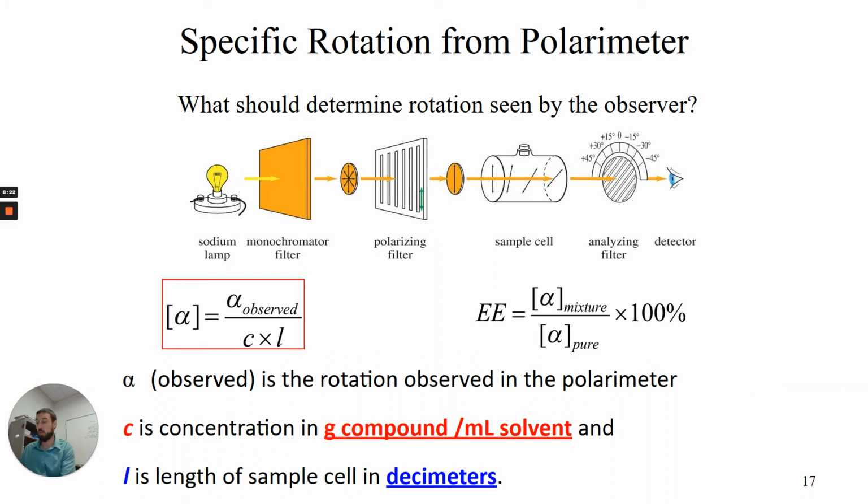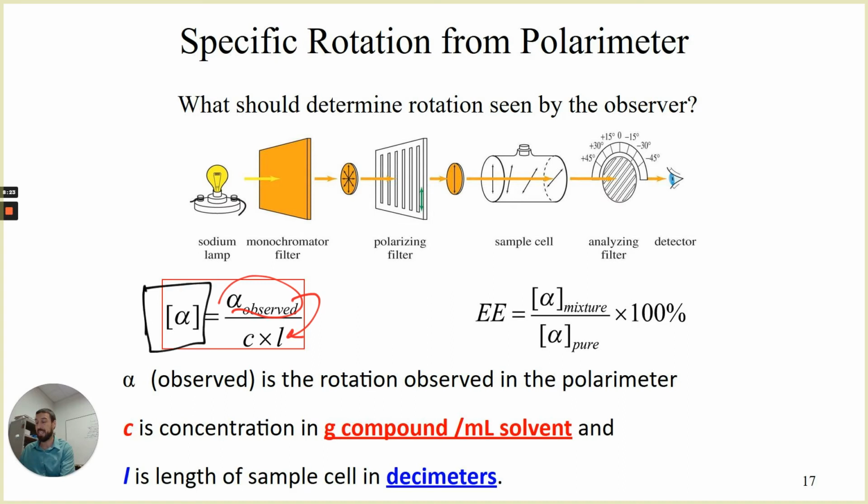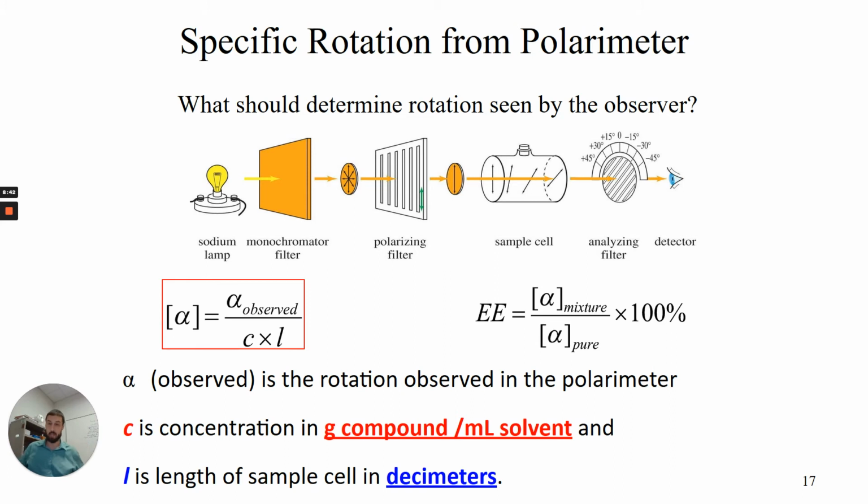So we don't want to look at the observed rotation. The observed rotation needs to go through this normalization process, and what we end up evaluating is what is known as the specific rotation. The specific rotation is the useful one, and that's the one we would use to analyze everything else.